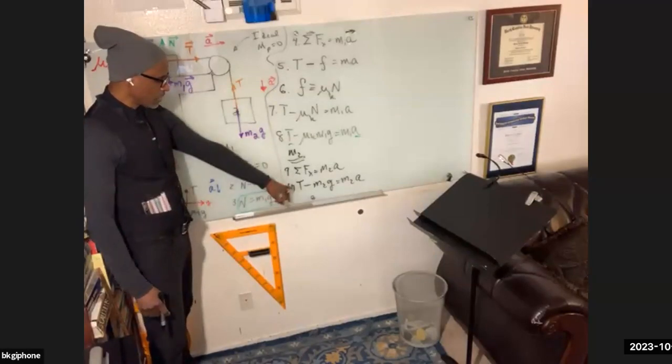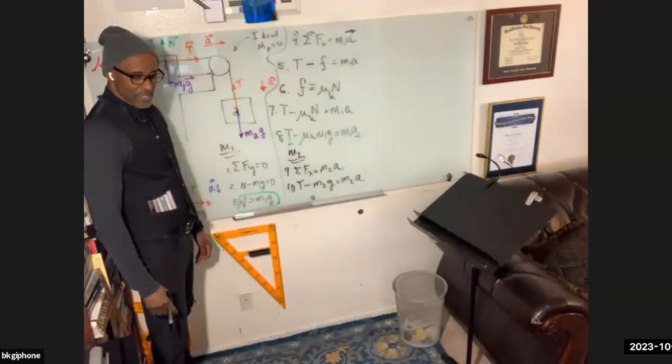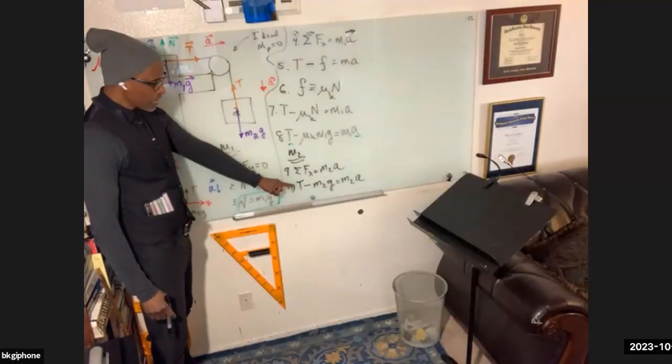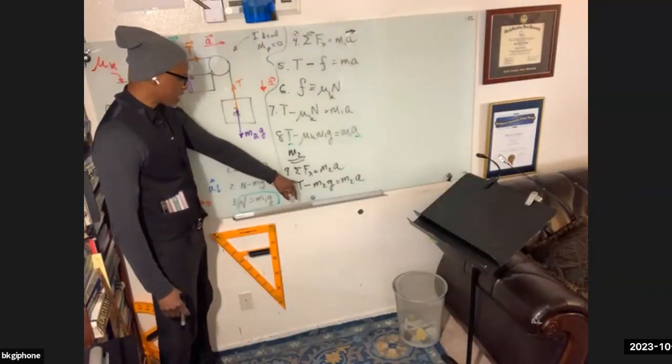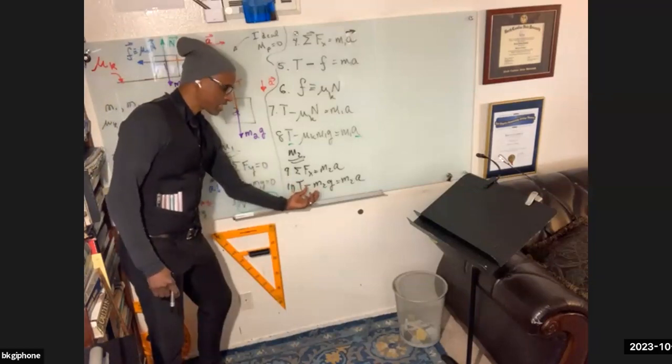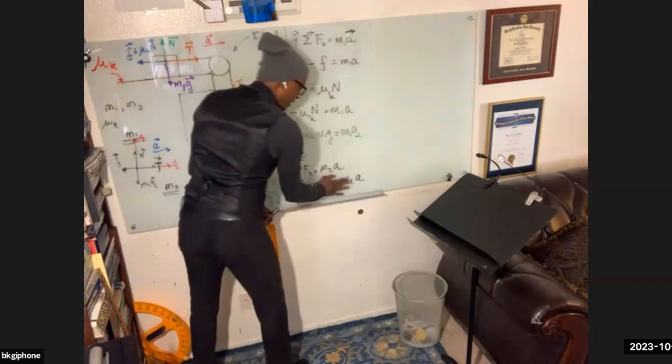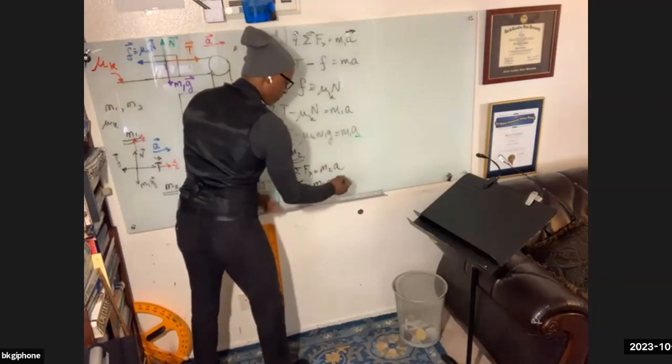Look what he wrote. So is it M2G minus T? Yes. Okay. Because if you write this, you've introduced a mistake, because it's implying that this quantity is negative. So if you want to stick with that, you have to put a negative sign over here.